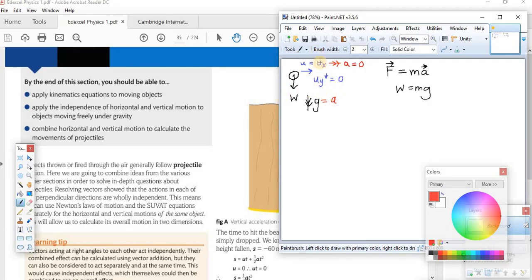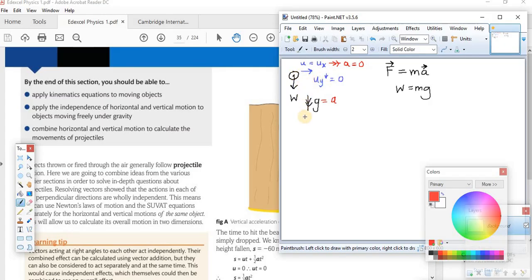These are the two important things that you need to understand. For a projectile, if it is projected horizontally, the initial vertical velocity is 0. And for any projectile, whether it's projected at an angle or horizontally, the ux, that is the horizontal velocity, is constant, because the acceleration is 0 in the horizontal direction.